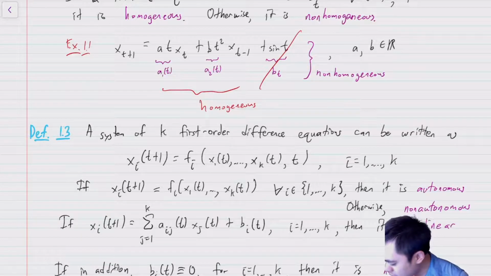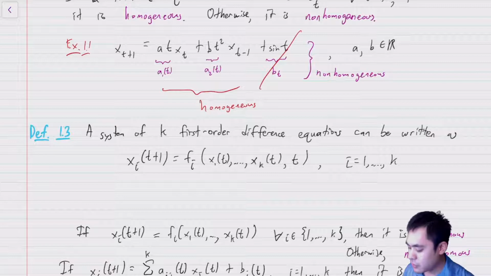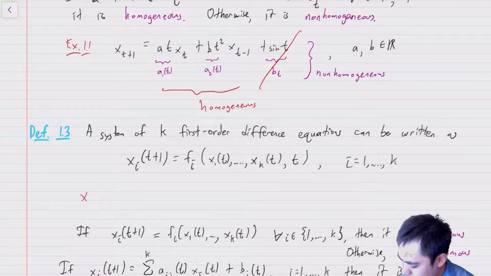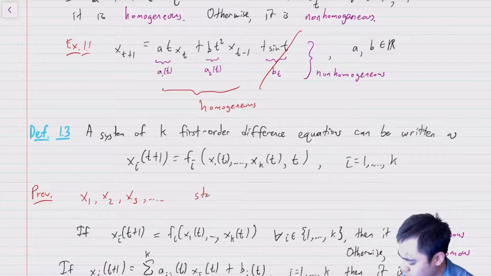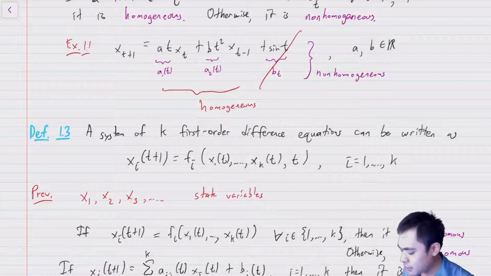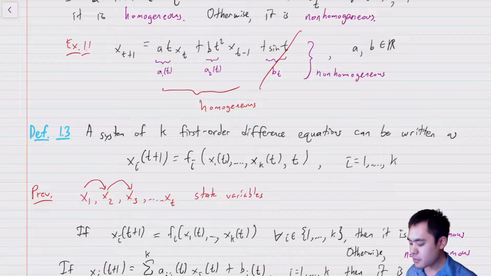Let me add this in since it might be somewhat confusing. Previously, we had x sub 1, x sub 2, x sub 3, and so on, as our state variables, right? And we had some evolution. So x1 goes to x2 as time goes on, goes to x3. So basically, this is x sub t. Now here, we've changed the notation slightly.